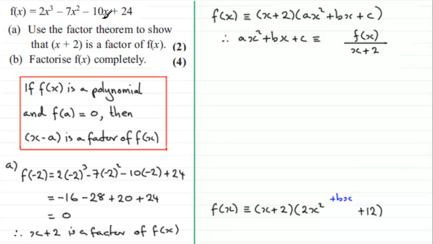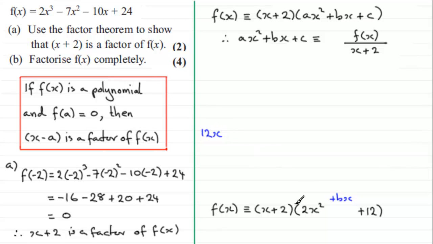We compare coefficients. I want minus 10x. So in order to get minus 10x, if we were expanding this, the only terms we would get in x would be when we do x multiplied with the 12. That would give us 12x. So we'll just put this down here, 12x.